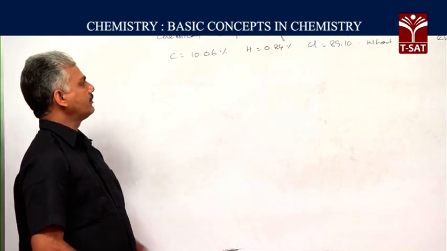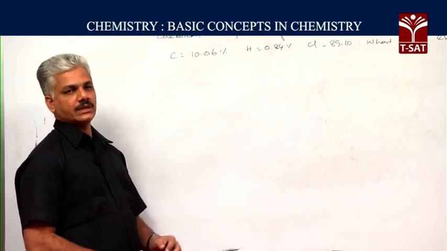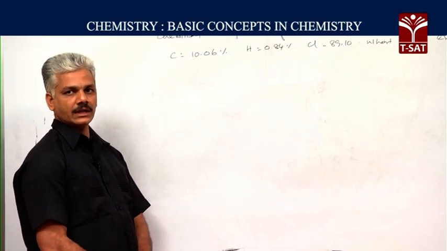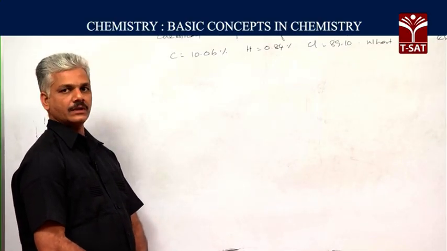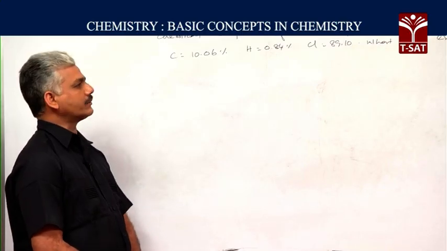This is another model in the calculation of empirical formula problems. Sometimes they may give the percentage composition and you will be asked to calculate the empirical formula or molecular formula of the compound.